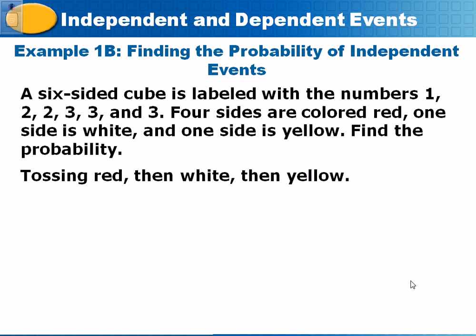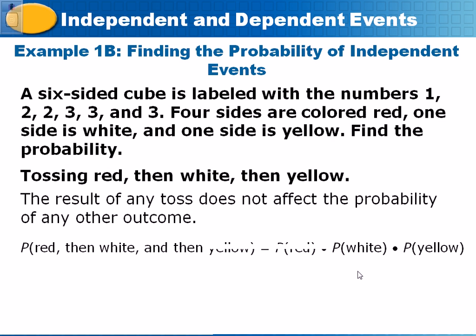All right, so now let's look at this. Same scenario, same weird number cube, same colored sides, but this time it's tossing a red, then a white, then a yellow. Does tossing a red on the first one affect the second one? No, there's no relationship between the two. So these, once again, are independent.